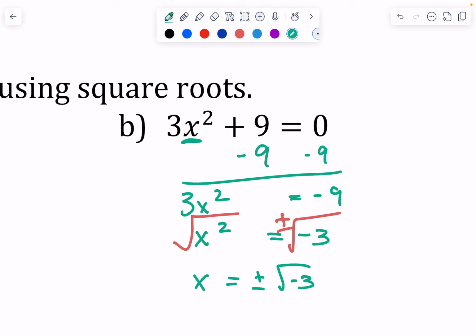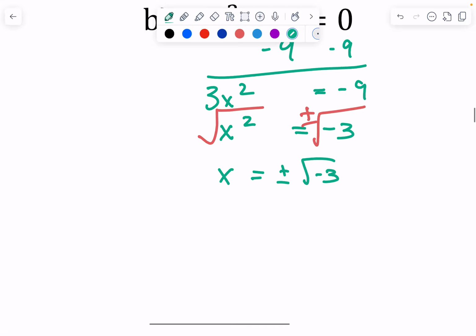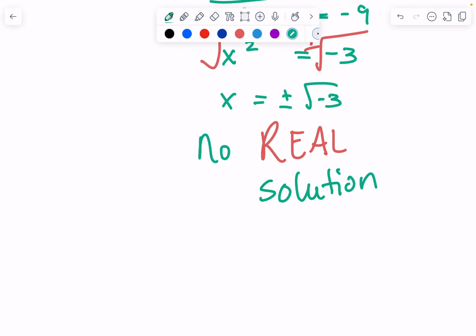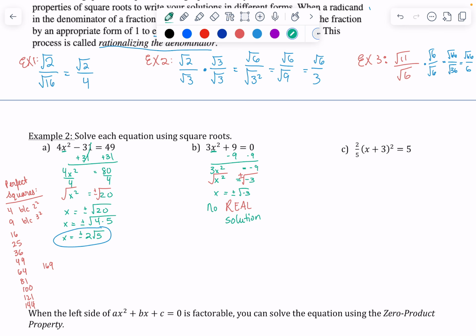Now, you cannot have a negative under the radical, so at the moment, all we're going to say is that there is no, and this is important, no real solution. Okay, there is a solution, it's just not a real one. We will learn about that in a later lesson. So that would be your final answer for B.